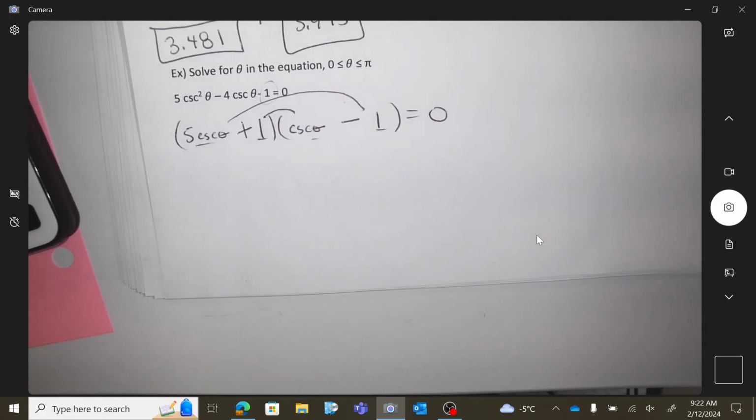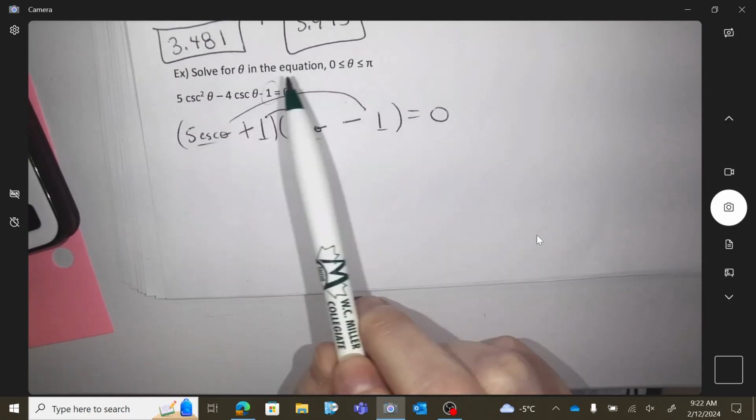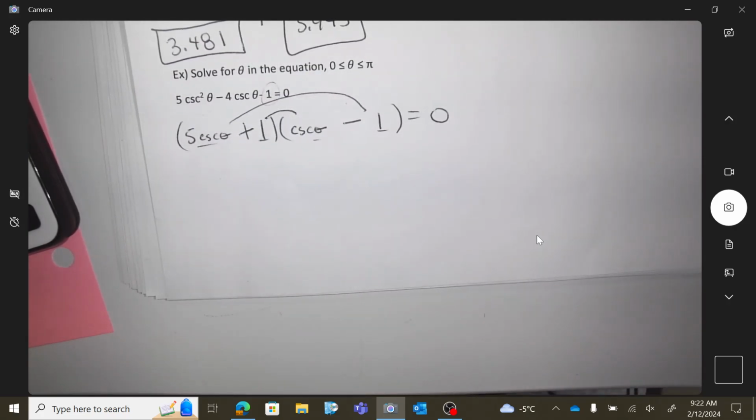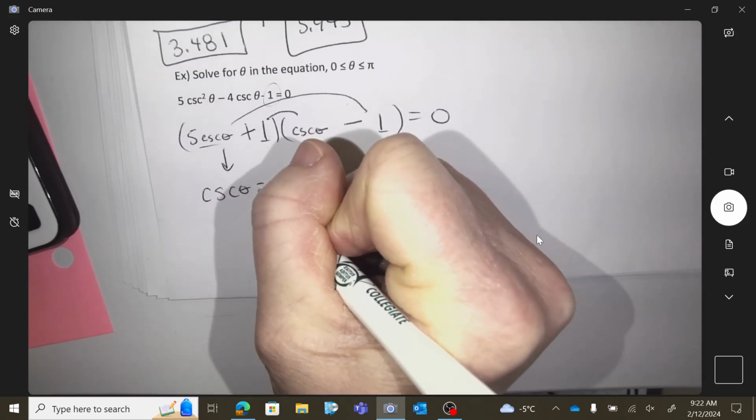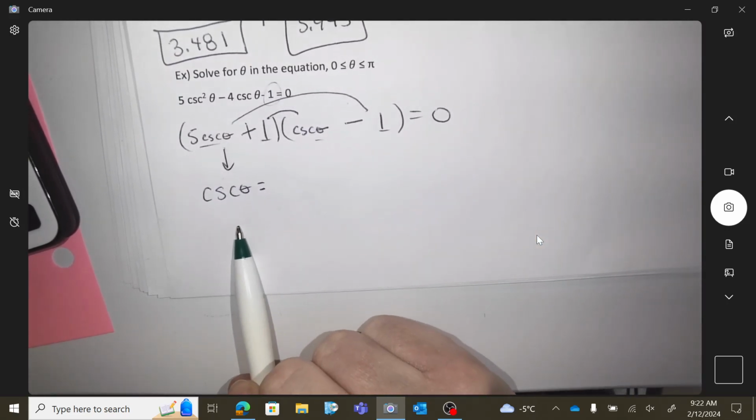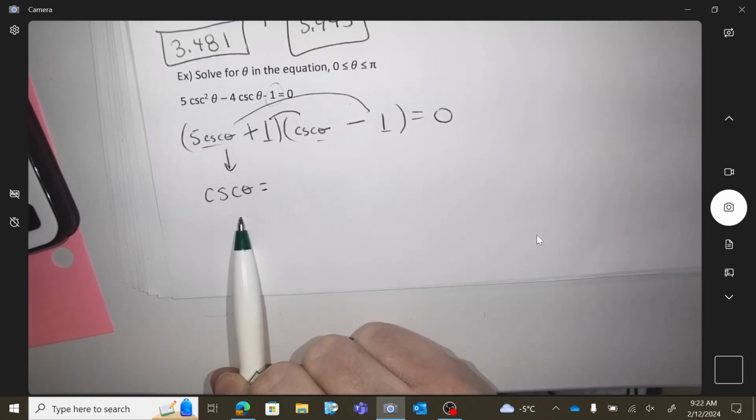Does your FOIL work out? You can always check, right? Okay, I need a trig value. So this one's a fraction.